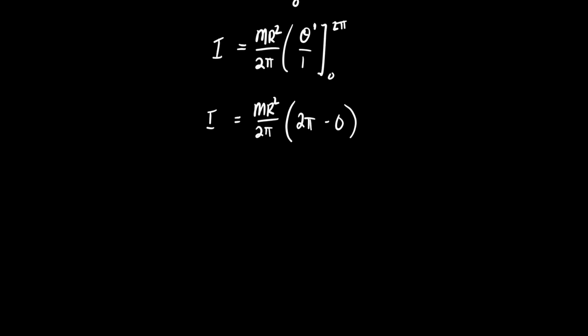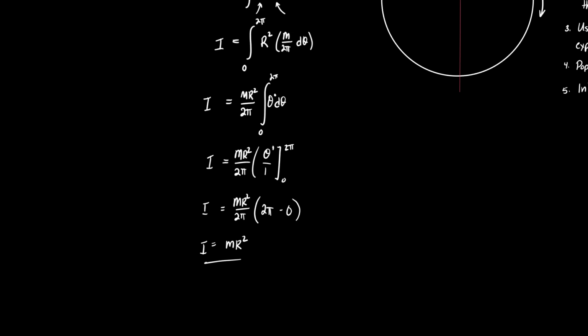And then I know this is super obvious, but 2 pi cancels and we get mr squared. And from the very beginning, we knew what the answer was going to be. But the point is to go through a process that shows that it does produce the obvious answer. Every piece of mass is the same distance away from the axis of rotation. We get mr squared.